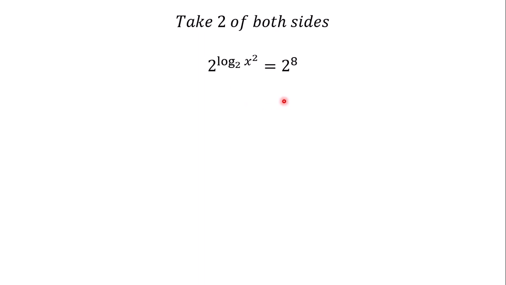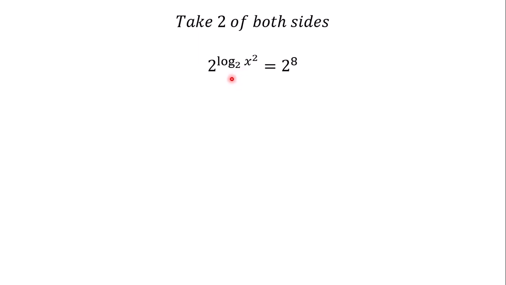Then you go to the other side of the equation, write the 2, and write whatever was there initially as an exponent. So this is what the definition of logarithm simply means when you apply it.